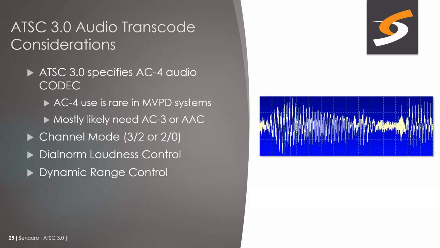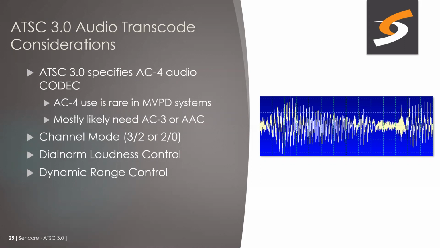Loudness is another big topic there. The CALM Act applies to ATSC 1.0 and will continue to apply to 3.0 and will obviously need to be preserved and converted through any kind of transcoding.